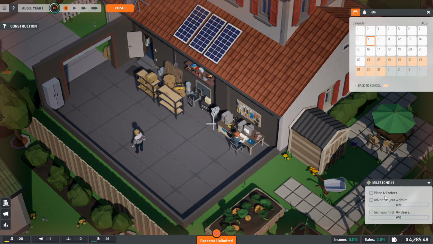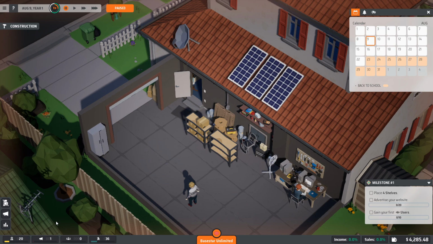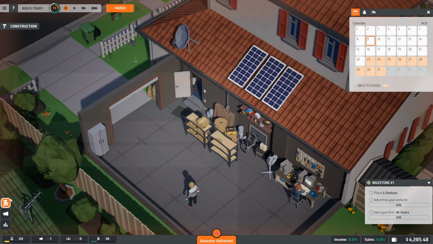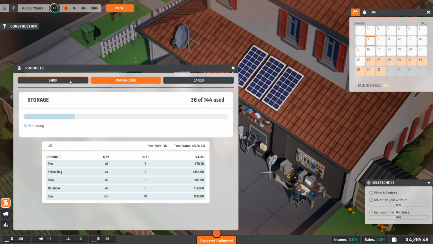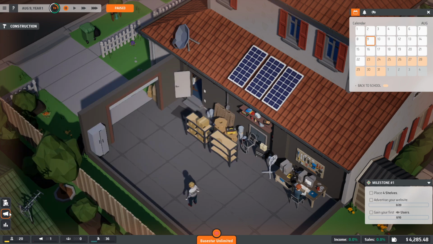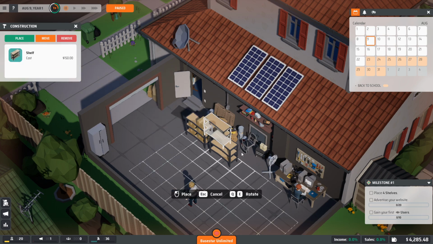Okay. Oh yeah, cargo warehouse. Let's buy more stuff like that. Construction. Move shelf.